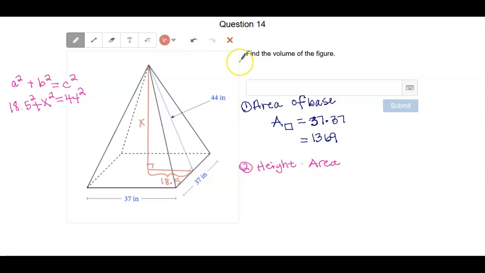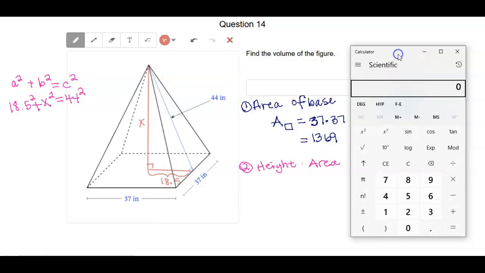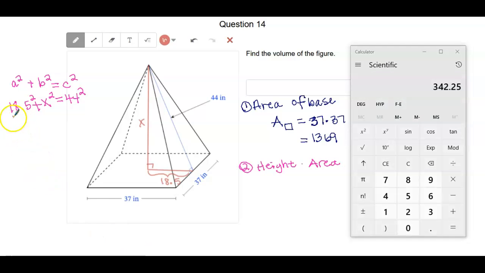I think I've done this problem a million times today and I still can't remember what they all are. So we have 18.5 squared, just 342.25, plus x squared is equal to, and this time we have 44 squared. So 44 times 44, which is 1936.